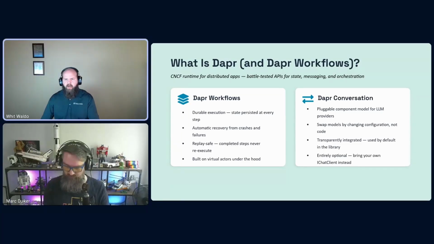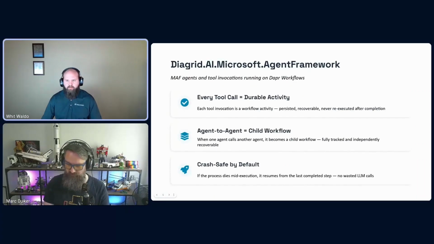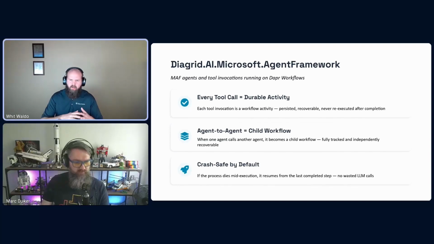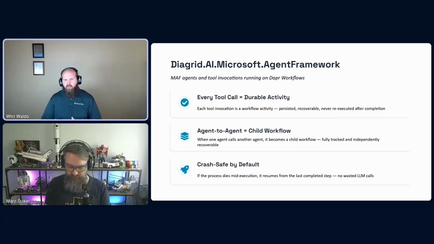So what happens when you combine MAF with Dapr Workflows? This is the tool that I built. The core idea is to take MAF as the agent abstraction, but run all of the execution on top of Dapr Workflows. So every call into an agent is a workflow. Every call to another agent from that agent is a child workflow. Every tool call is an activity.